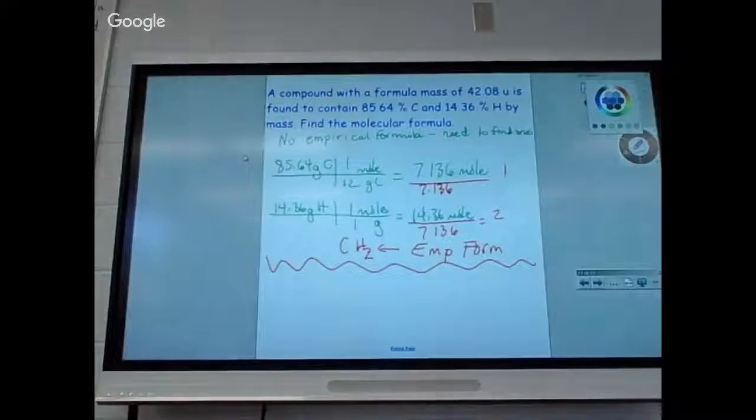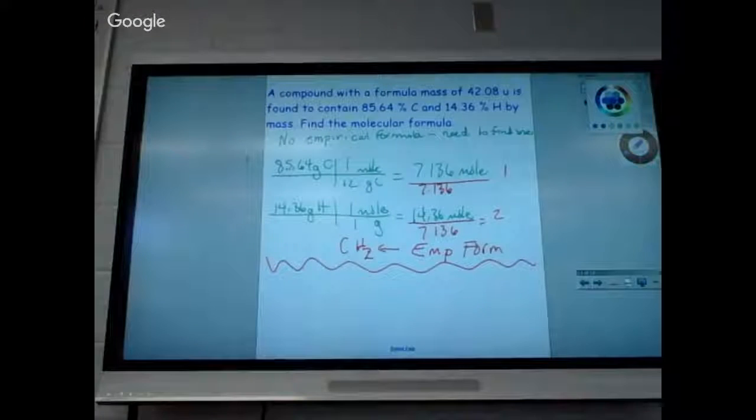Now I need to turn around and do the molecular formula. Okay, so what do I do to do the molecular formula? What do I do? You divide the 42.08.